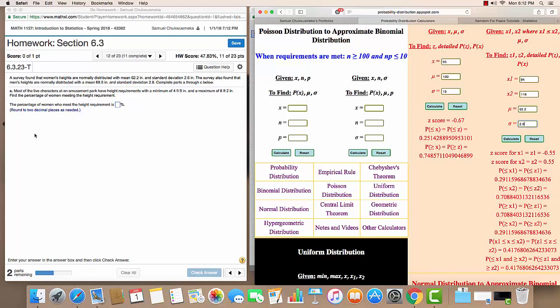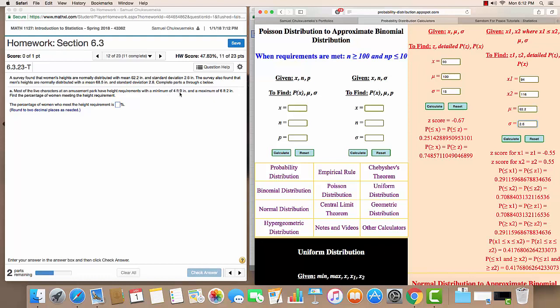Okay, because that is what they asked for, the women. But these scores here, the boundary scores, the lower bound and the upper bound, or you can say the boundary heights, we are going to convert to inches so we can make sure everybody has the same unit. They gave us feet and inches.